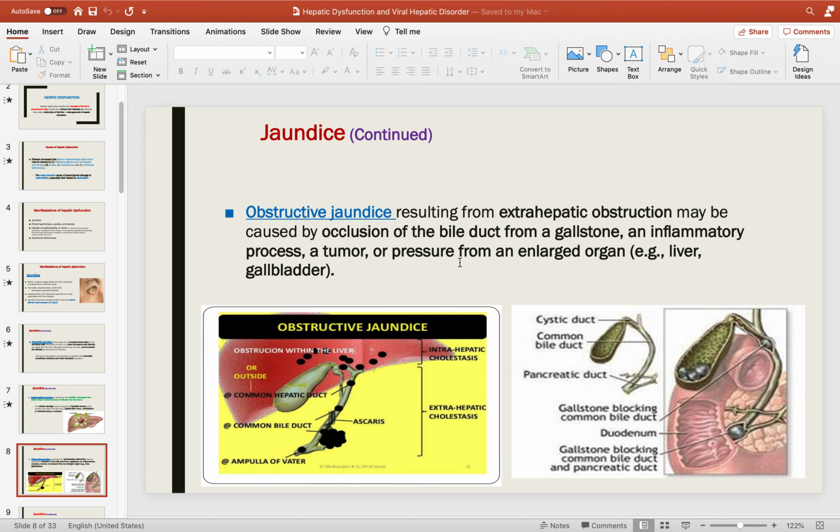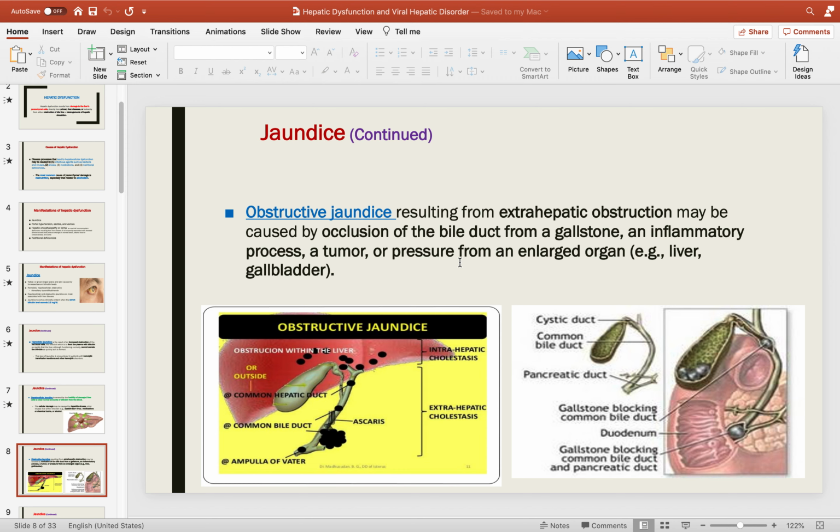And we have another type of jaundice, obstructive jaundice. From its name, it means obstruction of the bile duct. It results from extrahepatic obstruction, which may be caused by occlusion of the bile duct from a gallstone, an inflammatory process, or an enlarged organ.